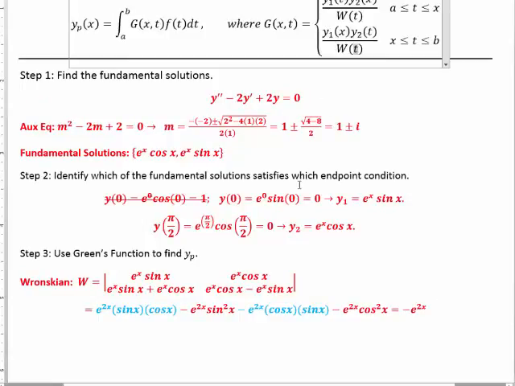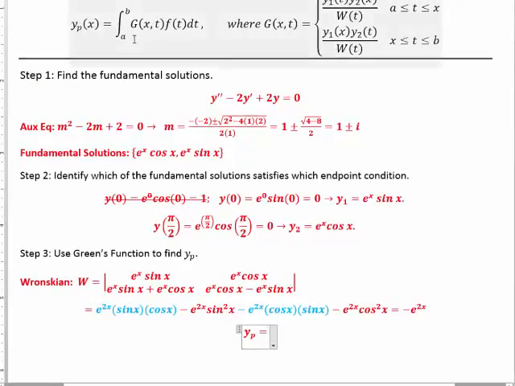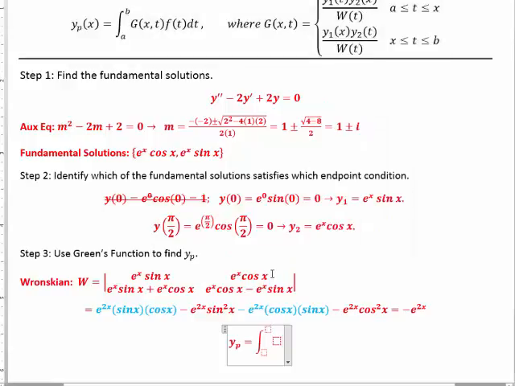And then we got our y1 and y2 identified. So let's set up our equation for the particular solution. y sub p is going to equal an integral from a to b of this thing, but we're going to integrate from a to x with the first function. We're going to need an integral sign, going from a to x for this one.